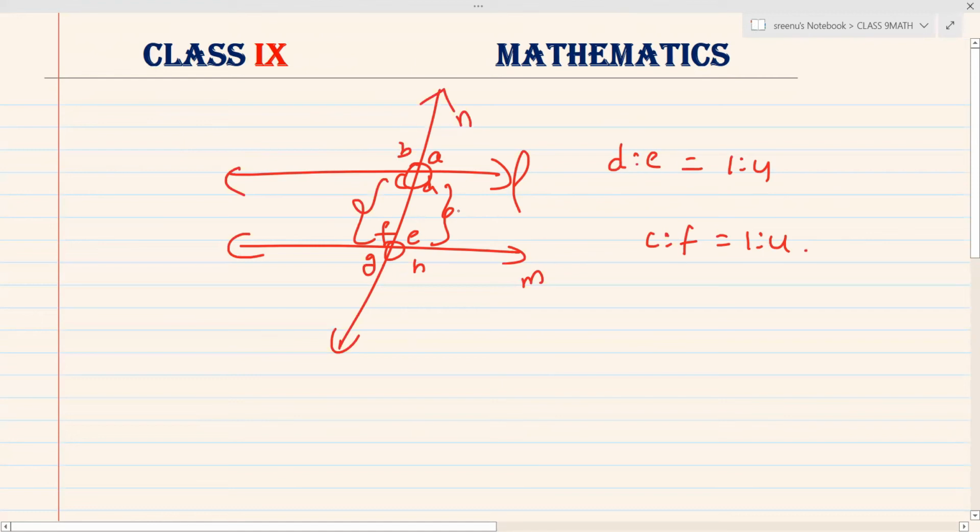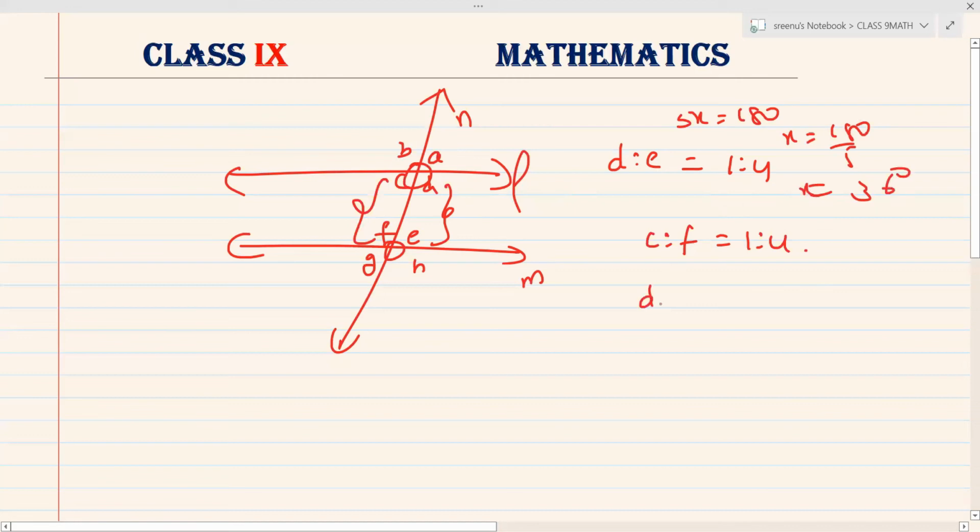Difference in the sense, first we shall find the angles, then we will get the difference. Difference of the angles divided by the smaller angle. So first D and E we will take. D and E is 180. 5x is equal to 180. X is 180 over 5, you will get 36.